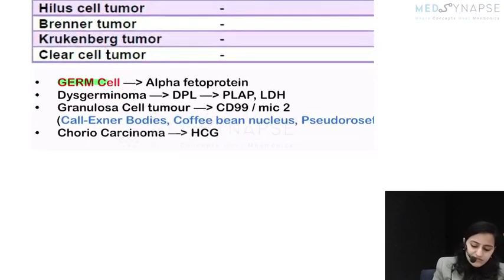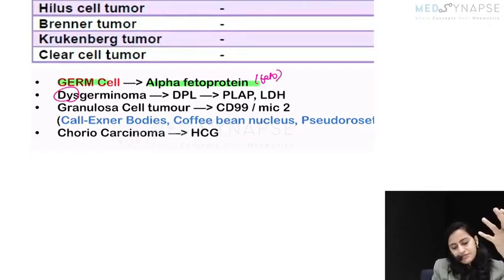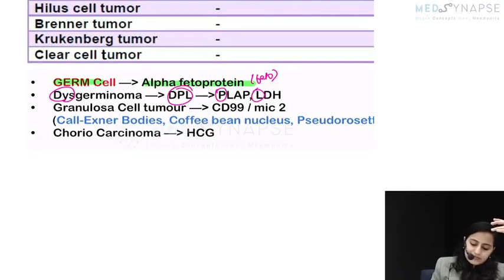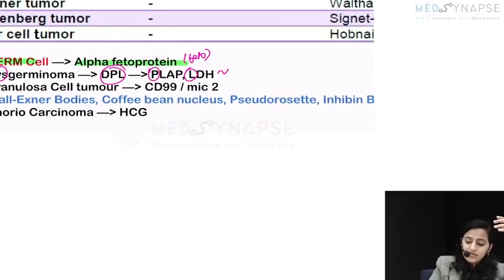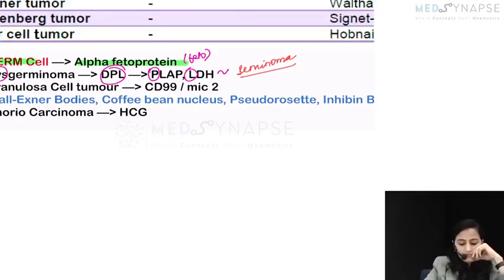So for germ cell, you have alpha fetoprotein, but dysgerminoma is different. You saw DPL, Delhi Premier League. For dysgerminoma, it is PLAP and LDH. Similar markers in the male you would see in seminoma. Right, so dysgerminoma is PLAP and LDH.